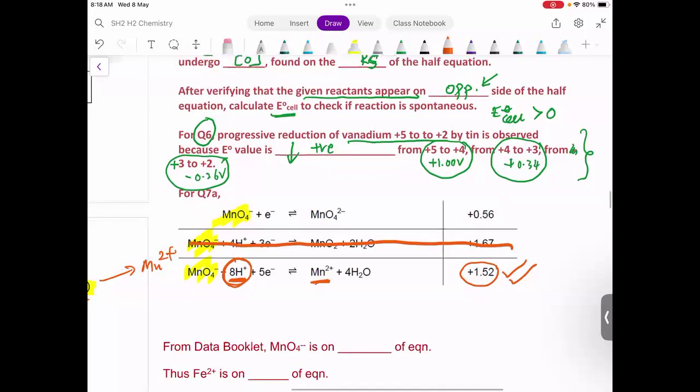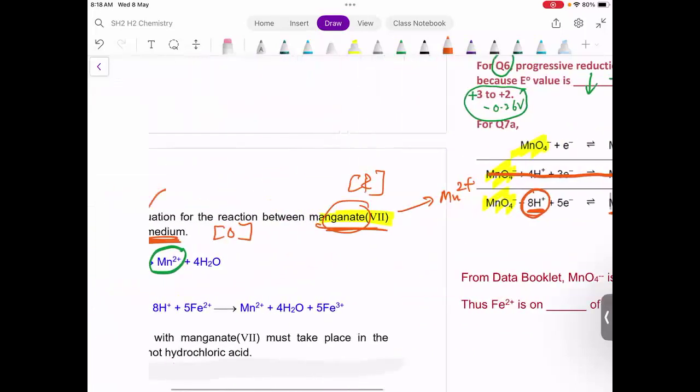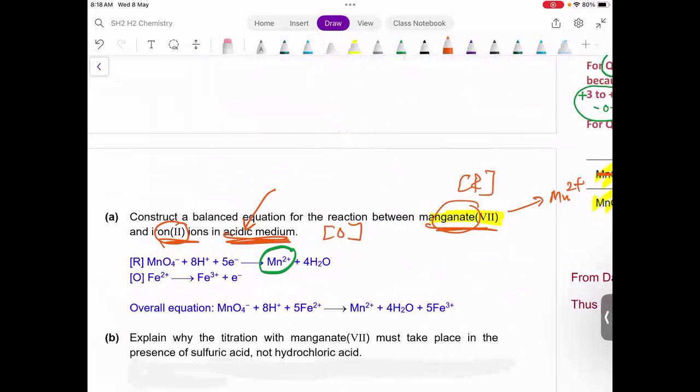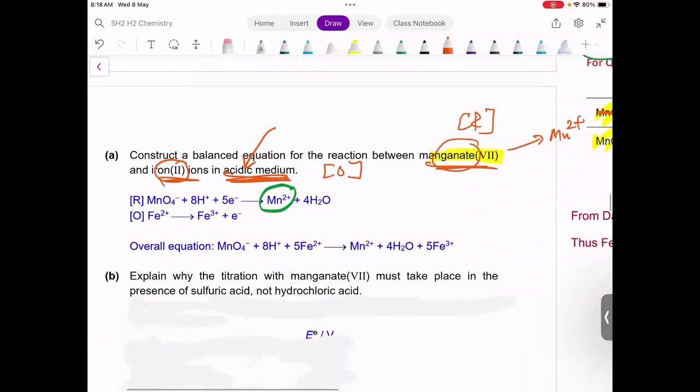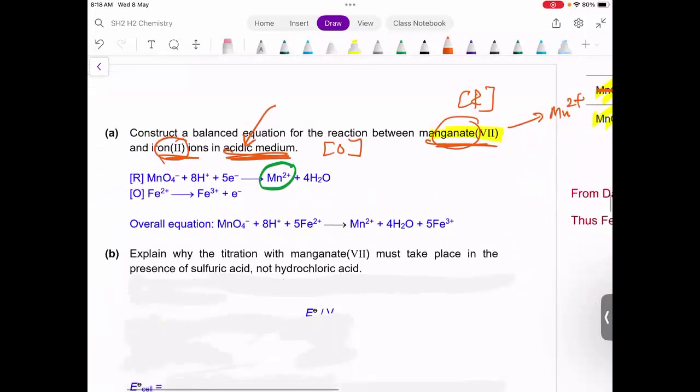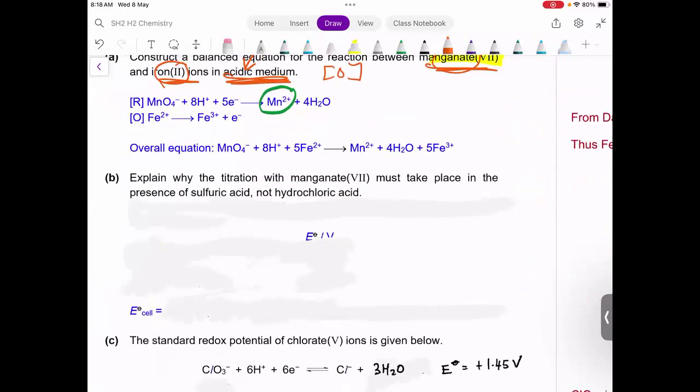Yep. Okay, so this is where we stopped last time. This is where we learned that with acidified medium, I know that Mn2+ is formed. Okay, then for the next part, how do you get the answer? How do you discuss that? Why is it that manganate with acidification must use sulfuric acid, not hydrochloric acid?